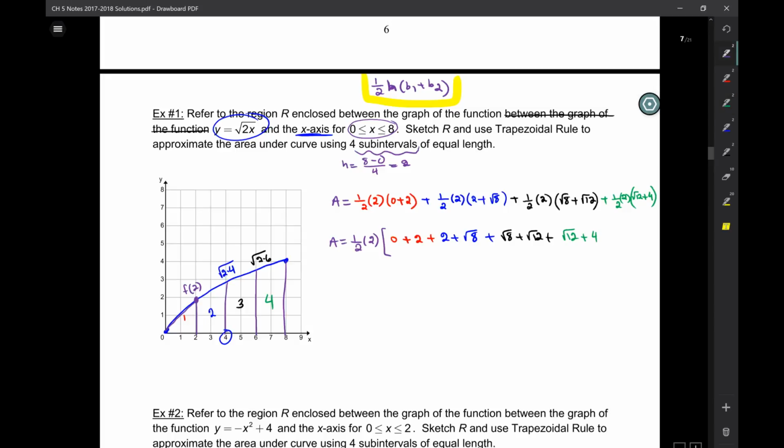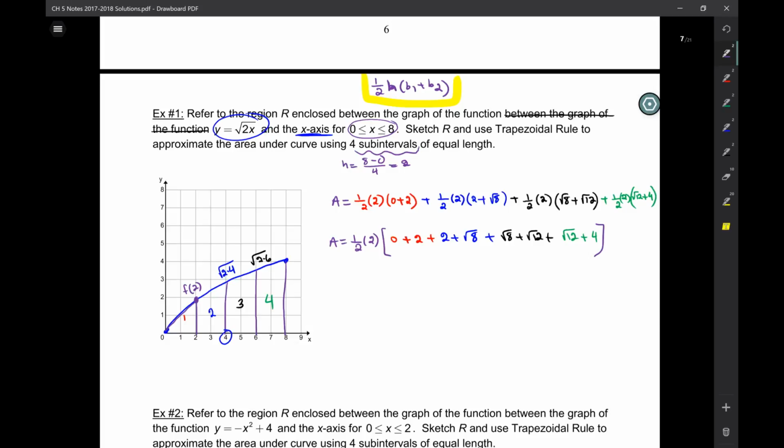Okay, what conjectures, like what pattern do you see here? You just add it up. You can add it up, but look at the numbers. You have 0, 2 and 2, root 8, root 12, 4. They're all double except for the last one, the last and the first.